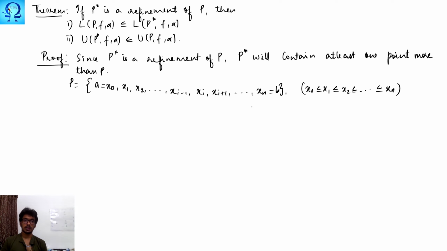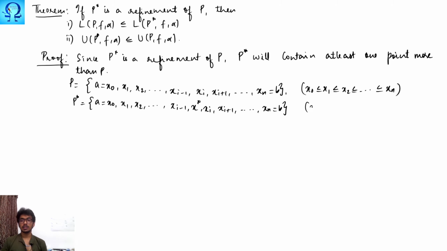This has to be the condition over there, and P star is the collection of exactly the same points but with one extra point, and let us denote that extra point as x star. It proceeds this way, and this also satisfies the requirements. It has to come in a natural way.